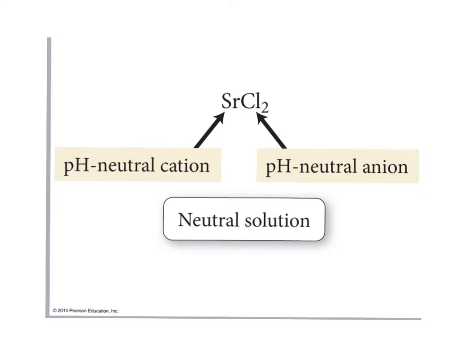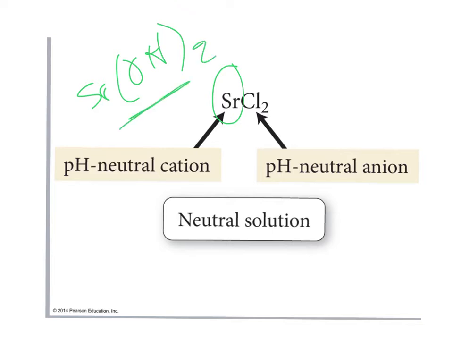If we talk about a neutral solution, we're talking about something that, if you look back, strontium hydroxide, Sr(OH)2, right, that was a strong base. So the counter ion, the strontium 2 plus, is a weak and not even weak acid.